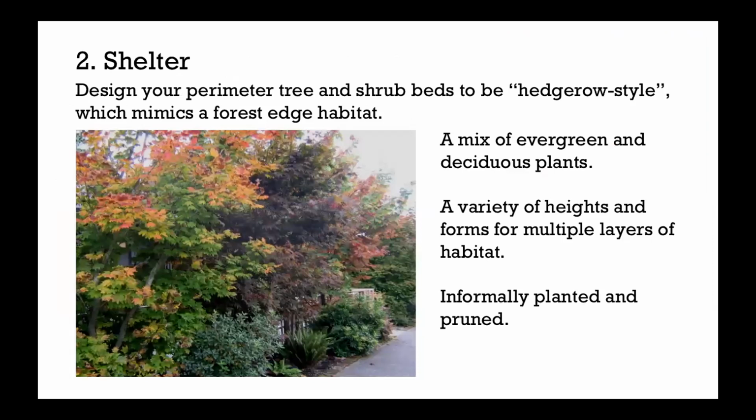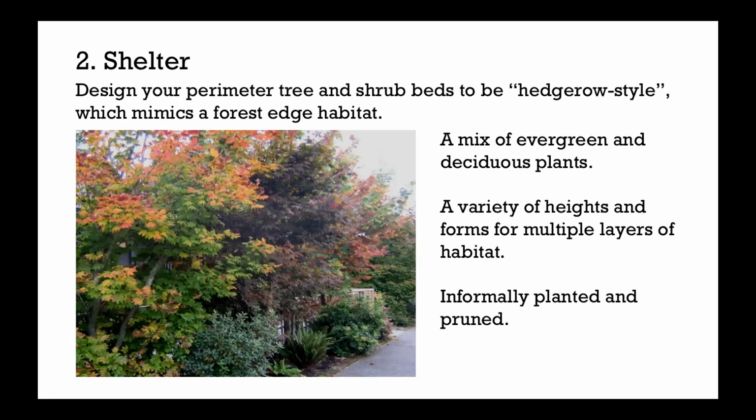So next thing is shelter. The most diverse place in any forest or natural area is always the edge of the forest, where the forest meets the meadow. So anytime you can create the feel of that in your garden, that's a great place for wildlife to find shelter.